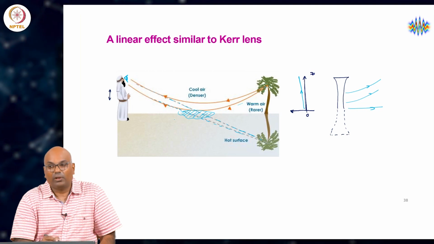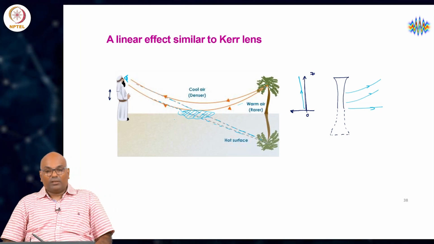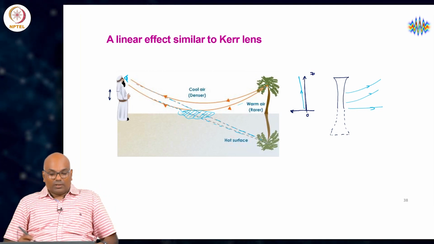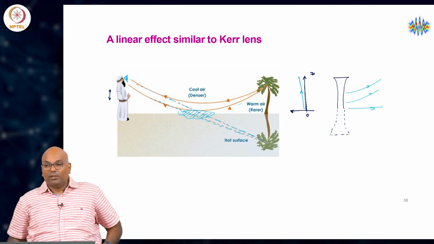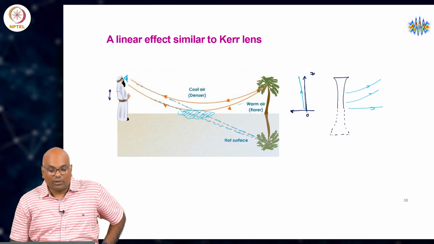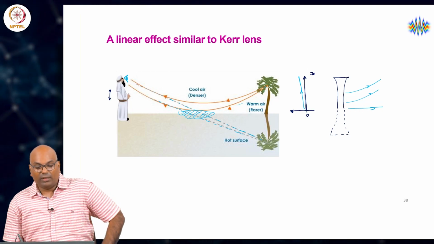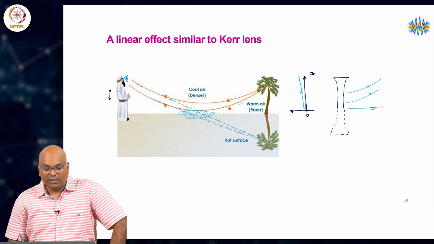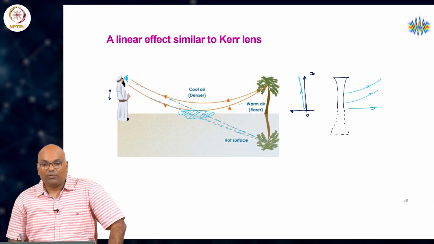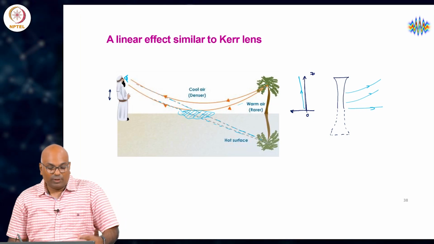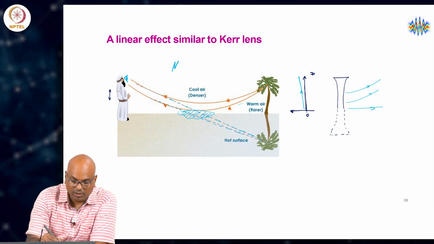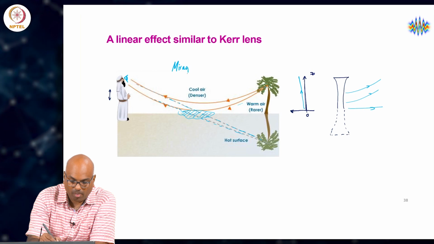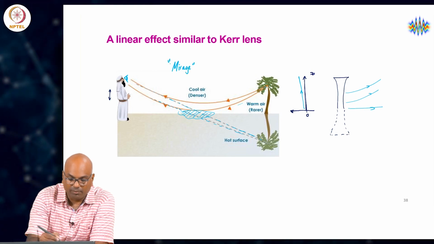So, for a traveler in the desert where water sources are scarce and also could be a matter of survival, at least if not in modern times, in earlier times, this essentially gave the illusion of a pool of water, which when approached turns out to be an illusion. Okay, so this is of course the formation of a mirage.